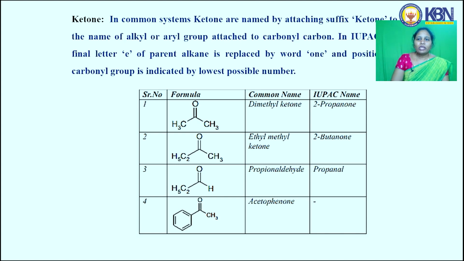So overall, in the case of aldehydes, in the name of the oxidation product of the organic compound, the final letter E will be replaced by Al. Whereas in the case of ketones, the final letter E of the parent alkane is replaced by the word ONE. That is the basic difference between the nomenclature of aldehydes and ketones.